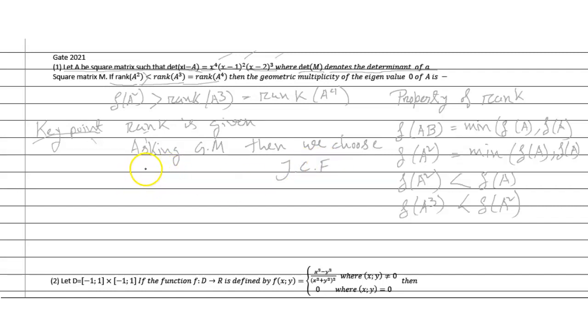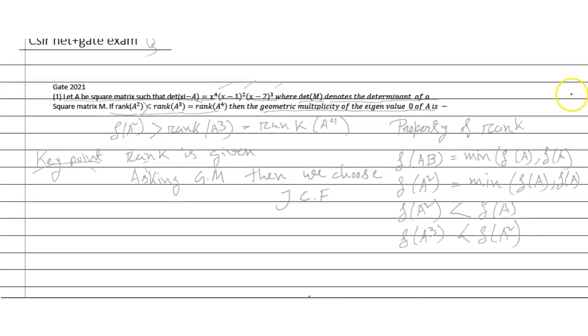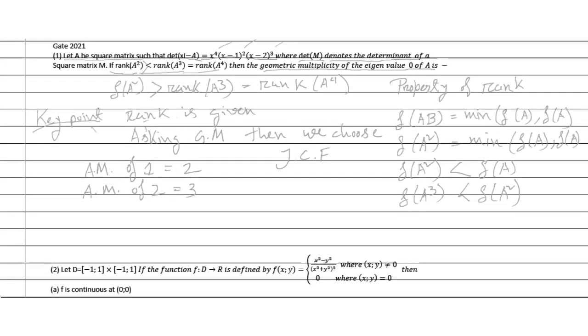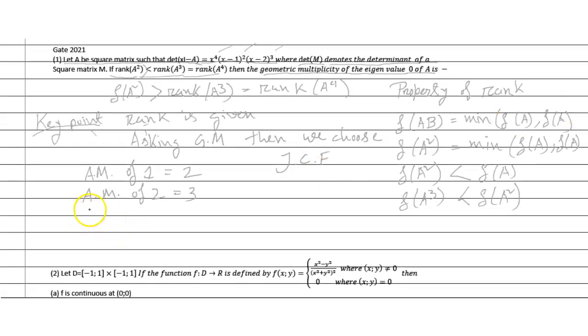So friends, here they ask for the geometric multiplicity of the eigenvalue 0 of A. So how can I find the geometric multiplicity? You see that AM of 1 equals 2, AM of 2 equals 3, AM of 0 equals 4.